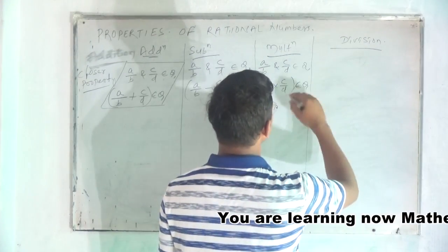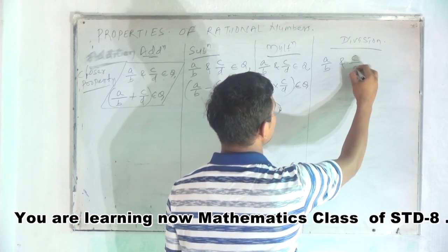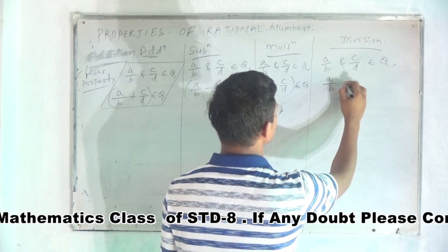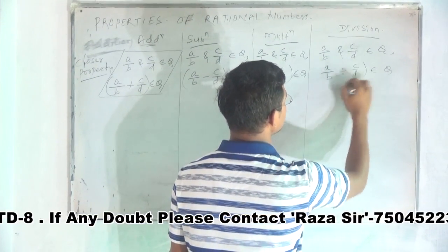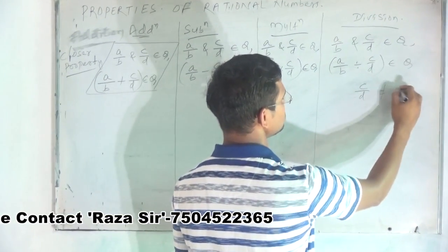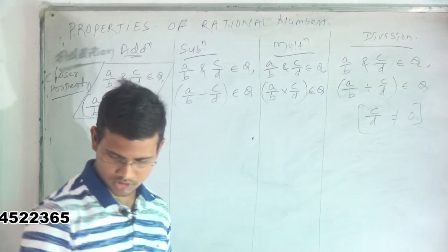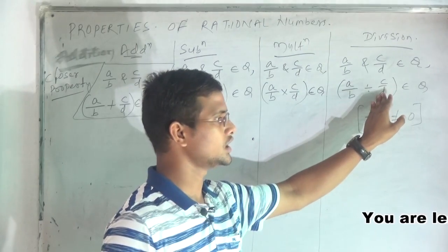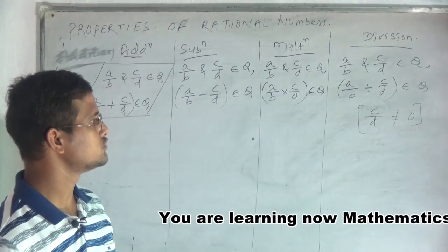Then another thing, if a by b and c by d are two rational numbers, then their division is also a rational number. The condition is that c by d is not equal to 0, because c by d is the denominator here.